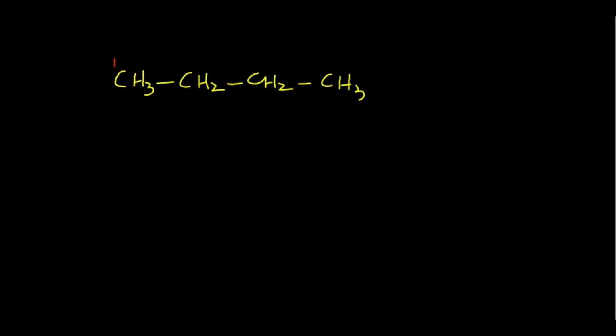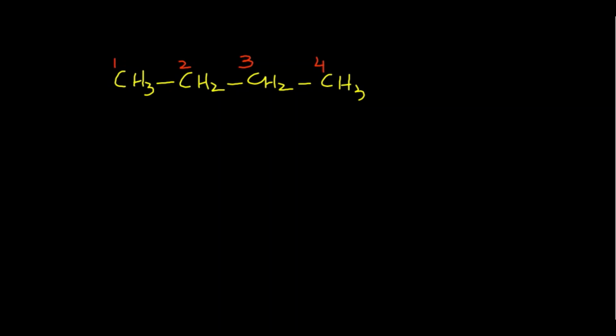First of all, we will see the stem. That means how many carbon atoms are present in the main chain. So we count the number of carbon atoms: 1, 2, 3, 4.